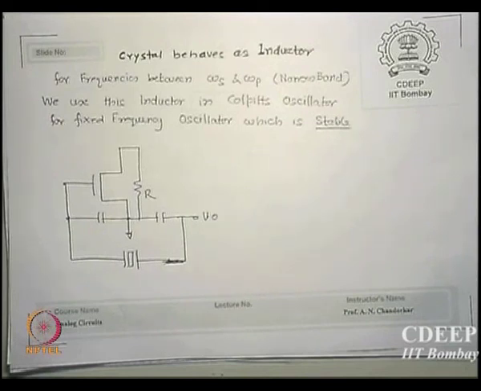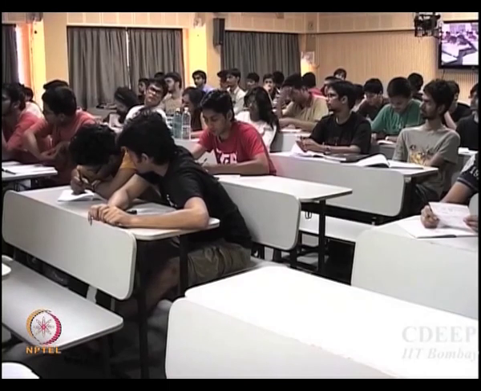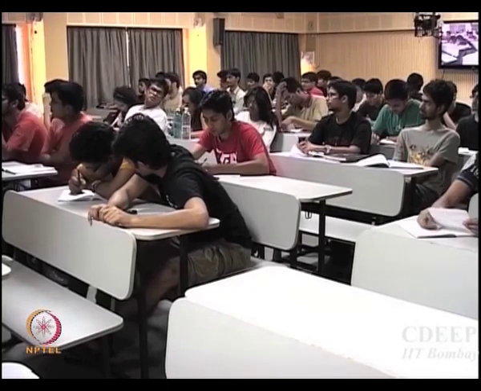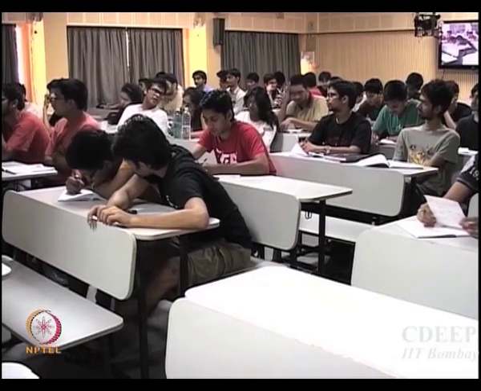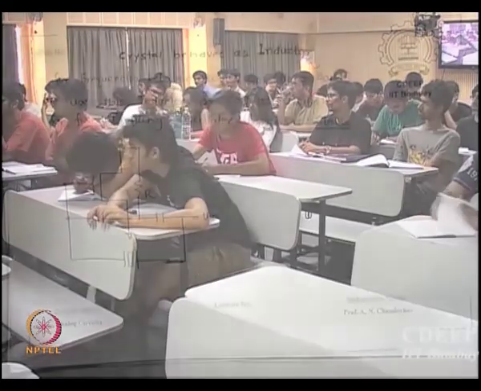There are some other versions with op-amp, look in books. मैंने आपको basic बताया कि how do I use a crystal in any oscillating system. Omega P is because of L and Cp. It has an equivalent. See the piezoelectric effect: if I apply voltage, the natural frequency is equivalent to putting this tank circuit.